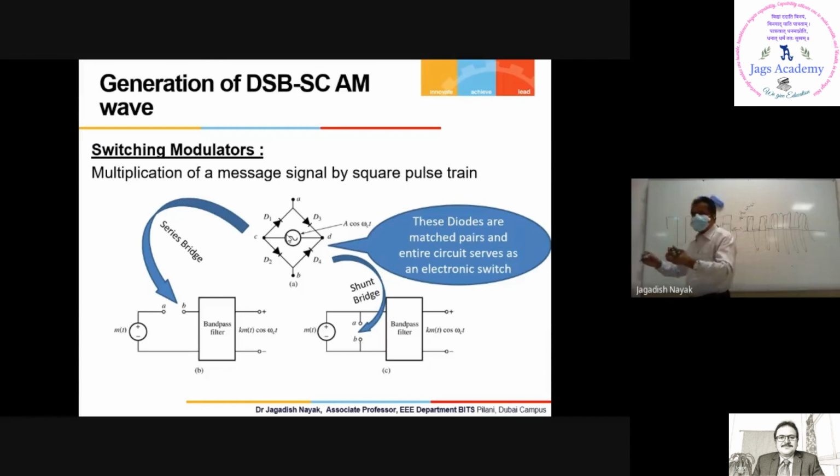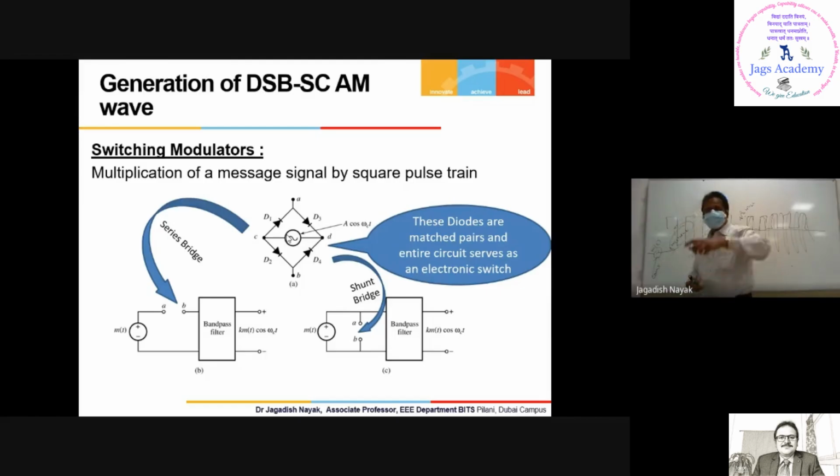What is a double sideband suppressed carrier wave? Suppose this is your m of t and this is your carrier cos omega ct. What is DSBSC? m of t into cos omega ct. This is what your DSBSC is.